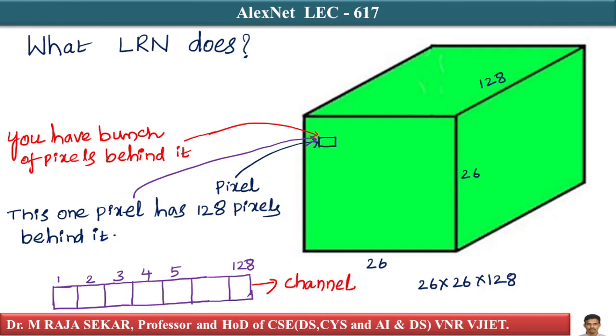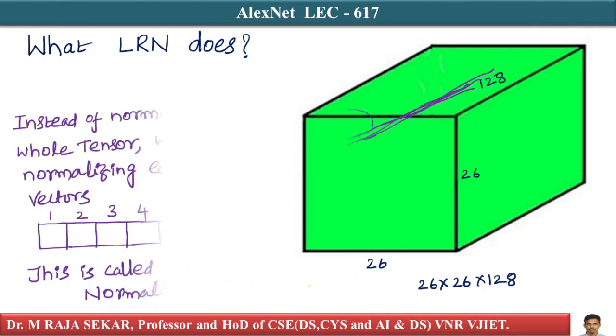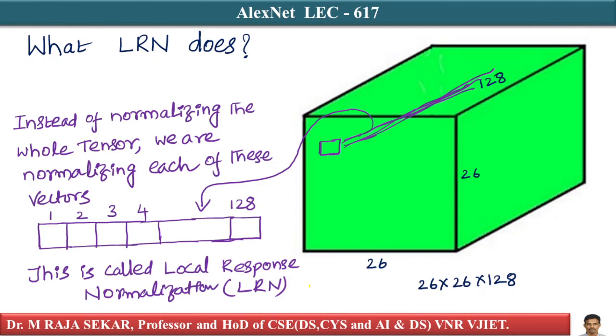But instead of normalizing the whole tensor, and this is important, we are only normalizing each of these vectors. This is called local response normalization. Today we don't use that anymore. Even without local response normalization, things work fairly well. Today we have better normalization techniques like batch normalization.